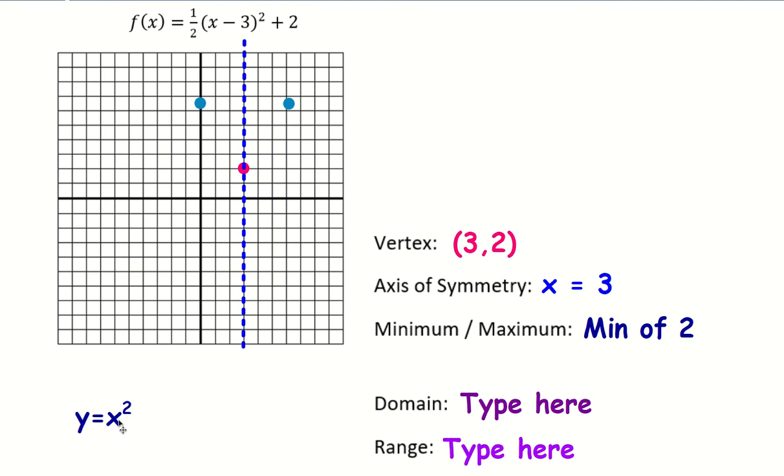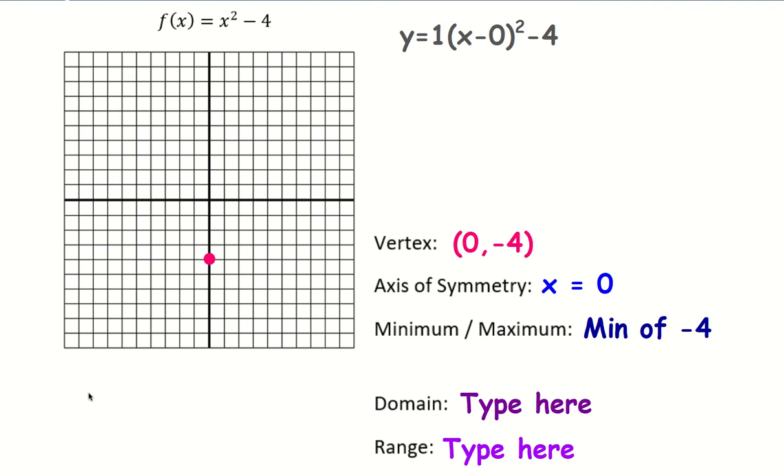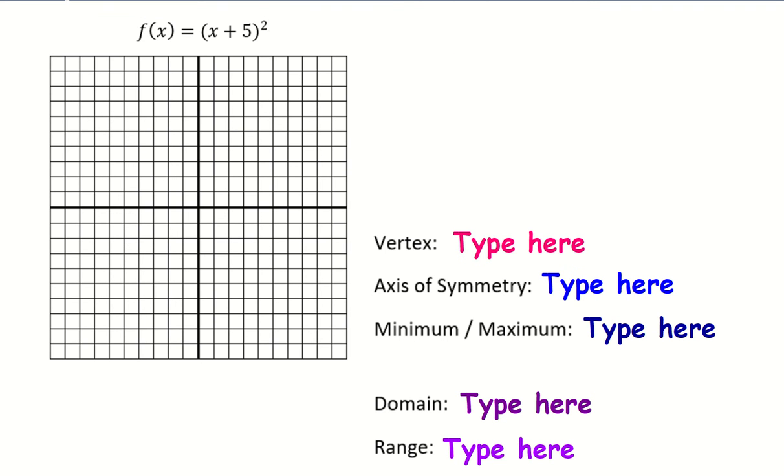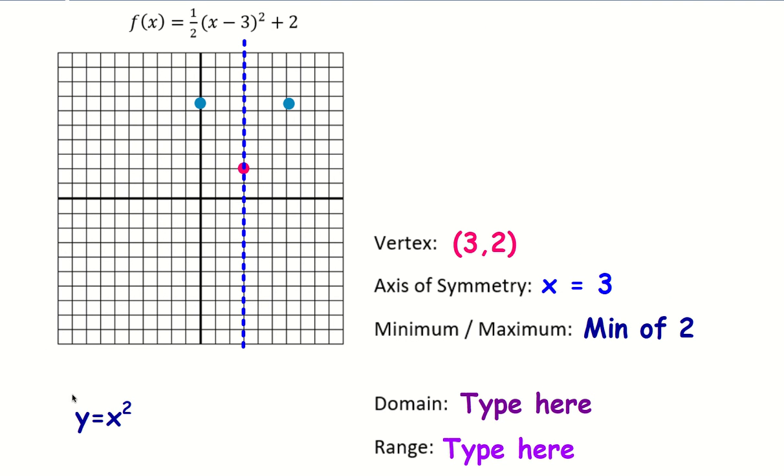And every other quadratic equation, like this one, and this one, and all of them, you can compare them directly to this guy, which has a vertex at (0, 0).